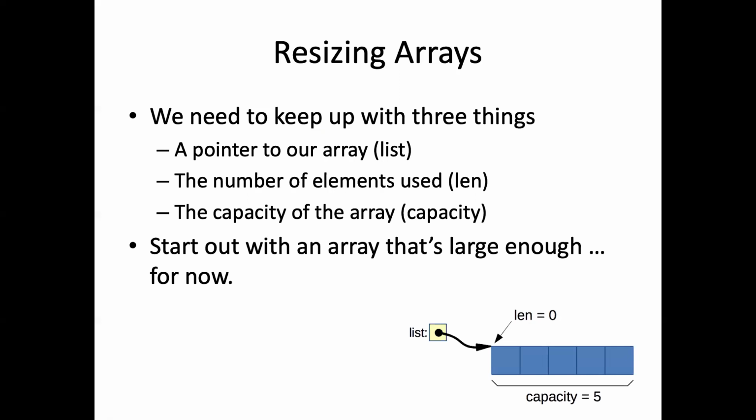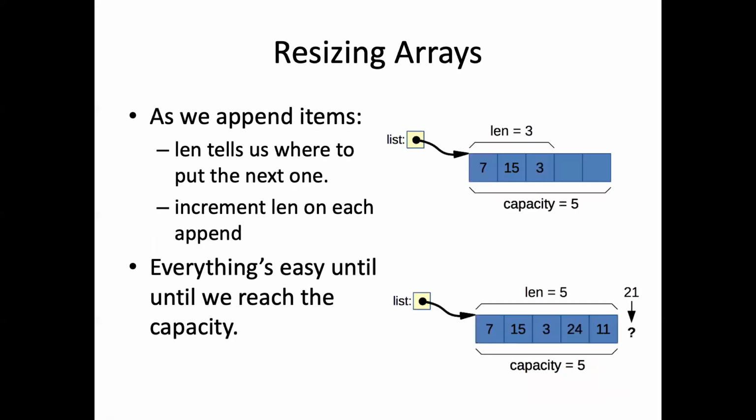I'll call that capacity, and that's so I can tell when I've used up all my space. Once I fill up everything in capacity, I have to go and allocate a larger chunk of memory to hold more items. So between length and capacity, that'll let us keep up with how full the array is now, and it'll let us detect when we run out of room.